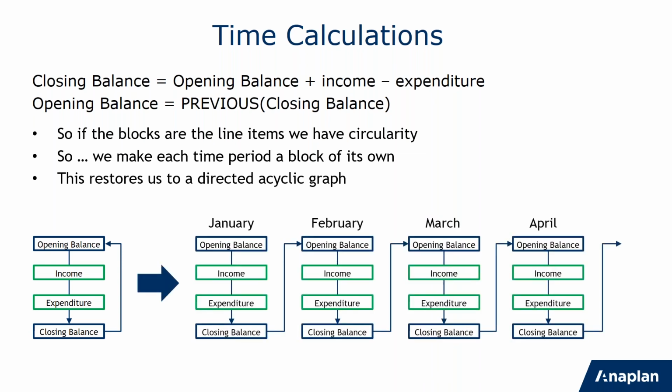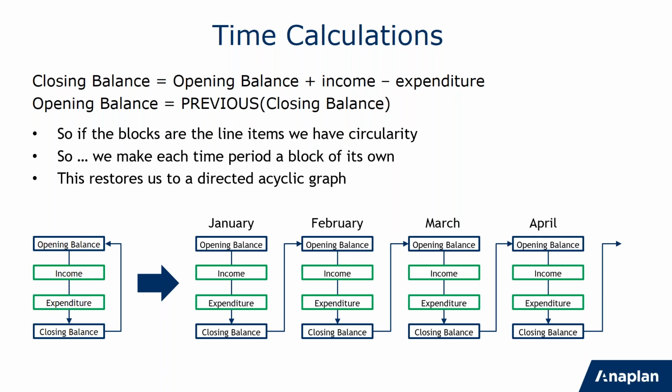So what we do is we actually say it's not a block per line item, it's actually a block per line item period. And if we draw that out, it changes it from being a circle into a spiral. Okay? And that's how we get around the circularity in time calculations.